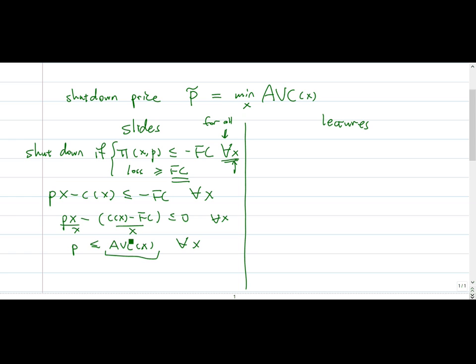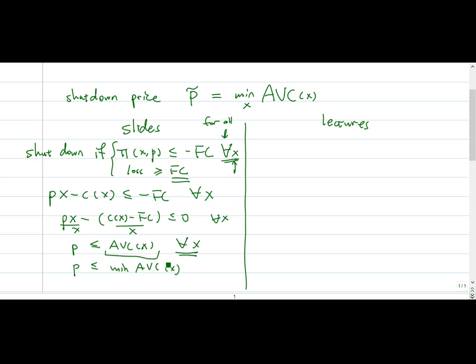If P is smaller than everything in a group, then P should be smaller than the smallest of them. So that's how we get from the "for all" to the minimum AVC of x.